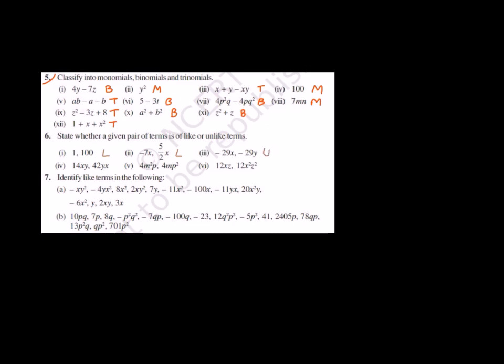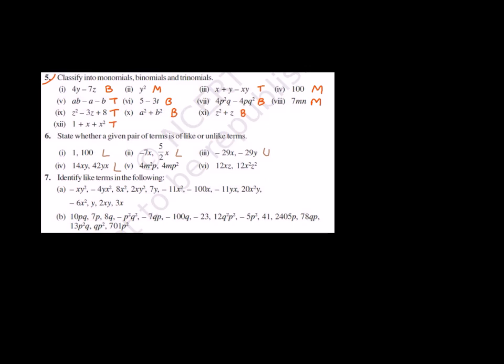We do not consider the coefficients when we are checking for like or unlike terms. We only check their variables, whether they have same power and same variables. In the fourth one, 14xy and 42yx. xy or yx both are same, so these are like terms.